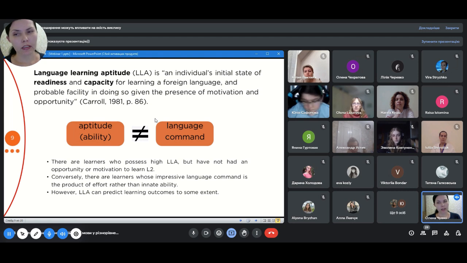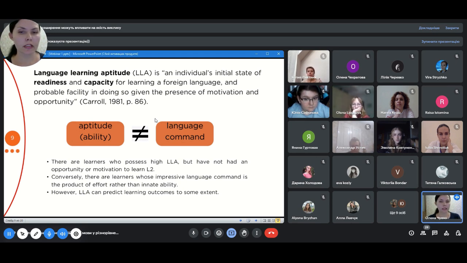What we should take into account is that aptitude or ability is not language command. There are some learners in our groups who possess a high level of language learning aptitude, but maybe they have never had any opportunity or motivation to learn a foreign language.